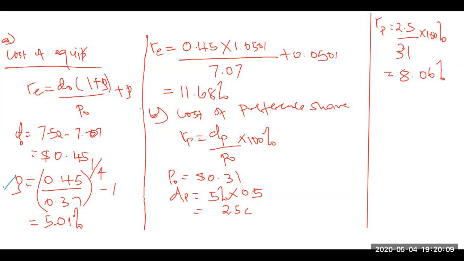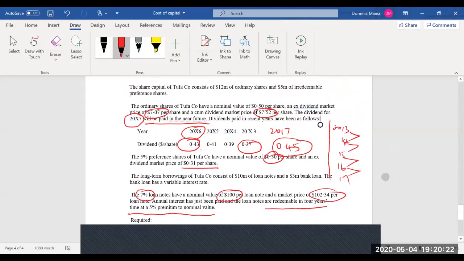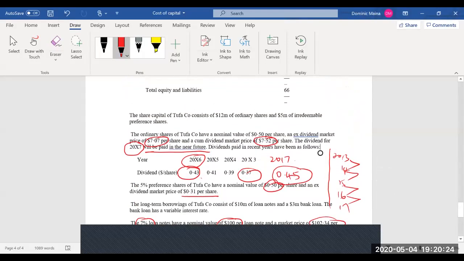The preference shares, the question says they are irredeemable. When calculating the cost of preference shares, I removed the tax.